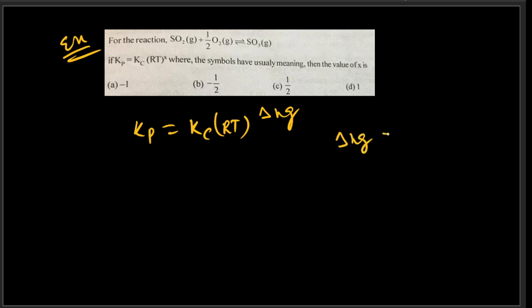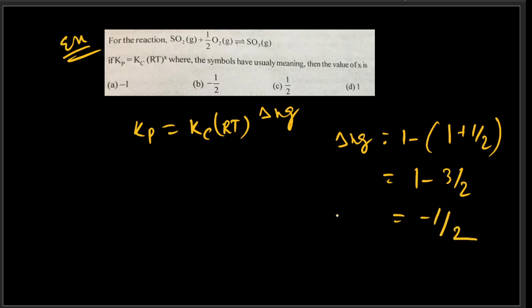Another question related to the relation between Kp and Kc. So you know Kp equal to Kc RT^Δng. So for this, Δng equal to: product is 1 and reactant is 1 plus half, that is 3 by 2, so this becomes minus 1 by 2.